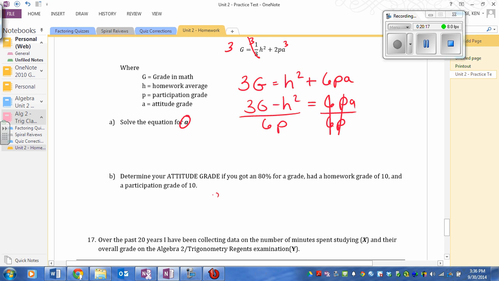So, attitude is equal to 3 times your grade, 80%, minus homework grade of 10, 10 squared, all over 6 times 10. So this is equal to 240 minus 100 over 60, which is 140 over 60, which is 14 over 6, which turns out to be 7 over 3.